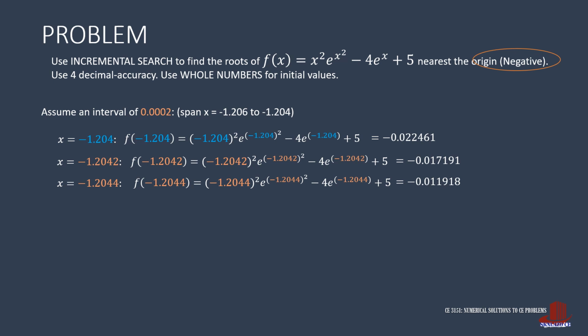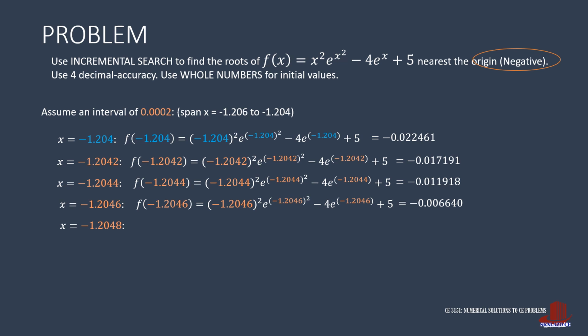0.011918. This is still a negative. Next is negative 1.2046 into the function to make the square of negative 1.2046 with e raised to the square of negative 1.2046 minus 4e raised to negative 1.2046 plus 5, giving negative 0.006640.